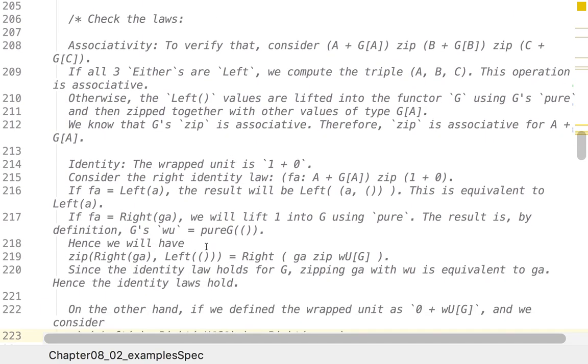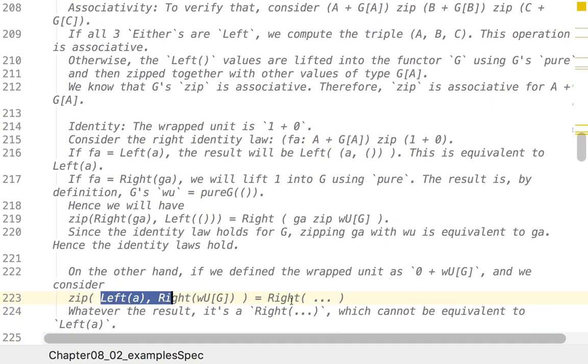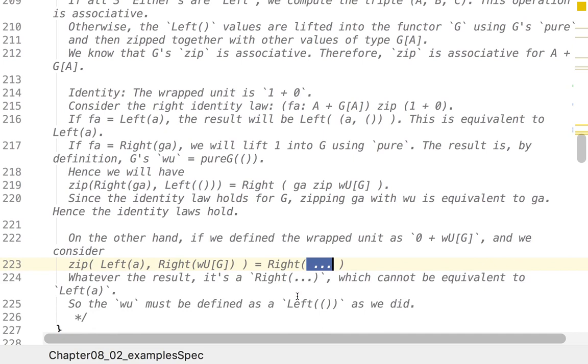So the result of this is going to be Right of something. Now, whatever we compute in here, we couldn't possibly reproduce a Left of anything because it's already on the right. So it cannot be equivalent to a Left of A.